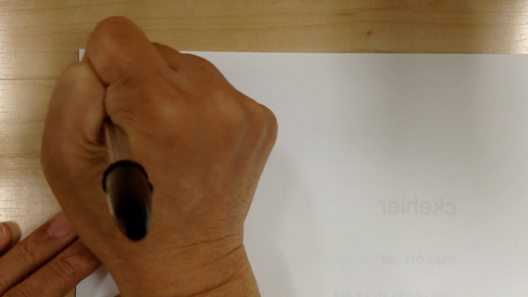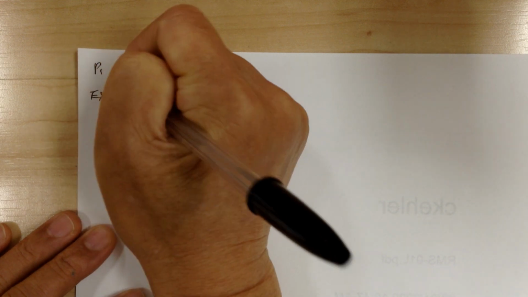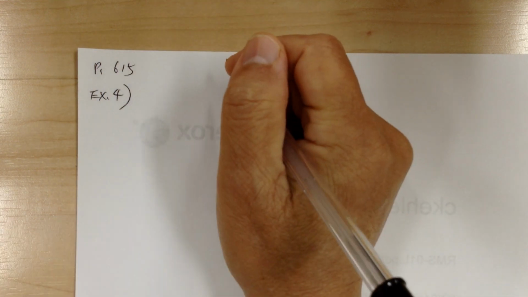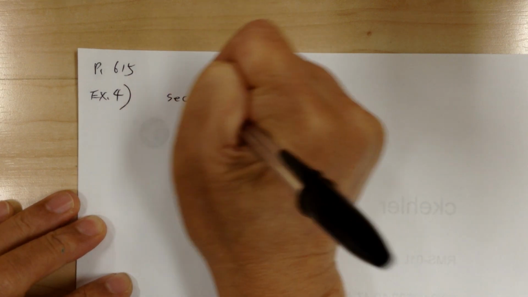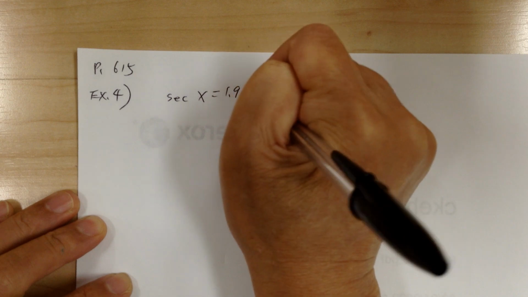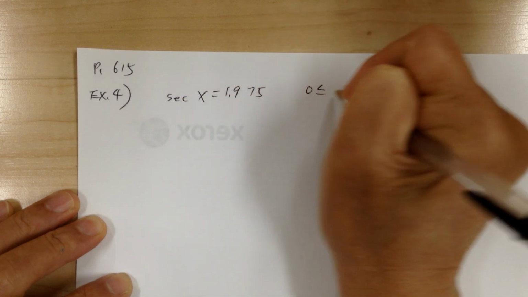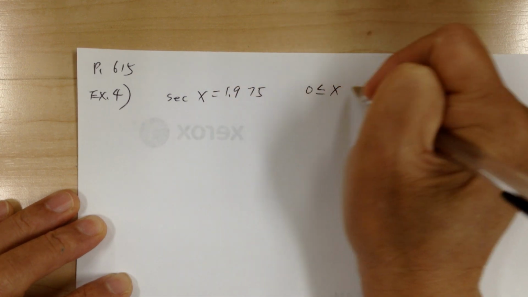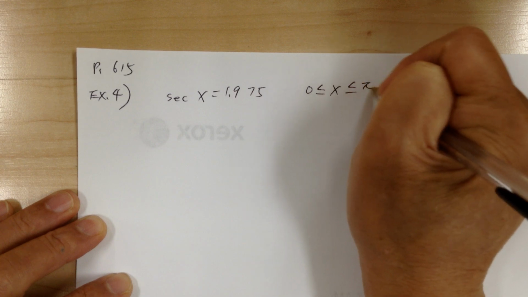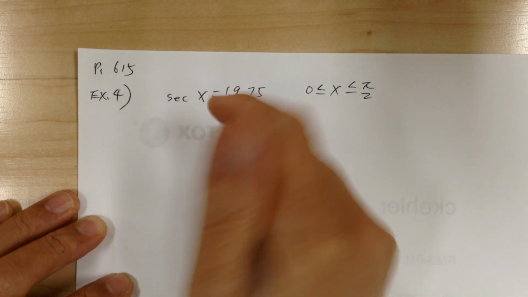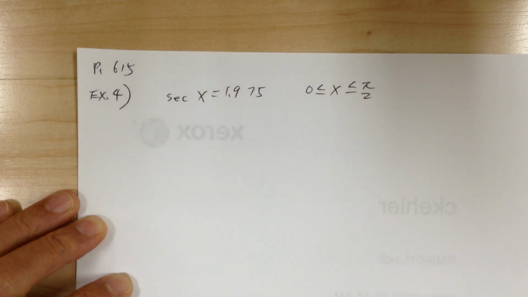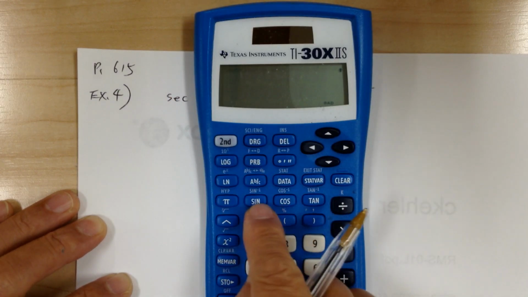Okay, example 4. It says find x to 2 decimal places if secant of x equals 1.975, and this is between 0 and pi over 2. Well, first, secant is 1 over cosine, right? Because on the calculator there's no secant.